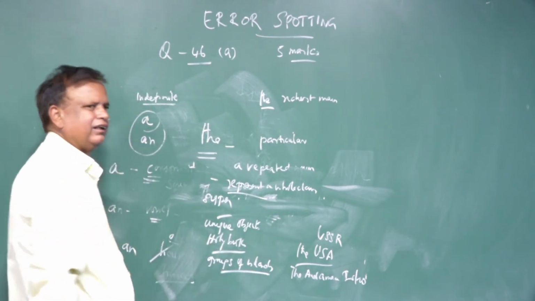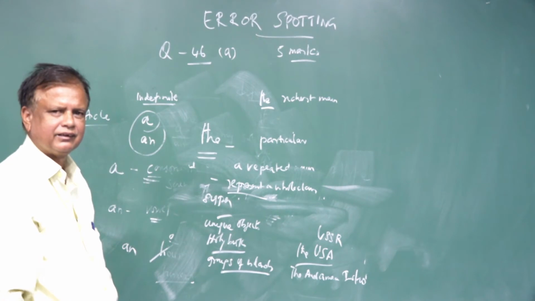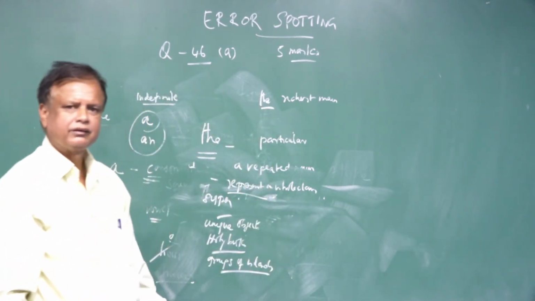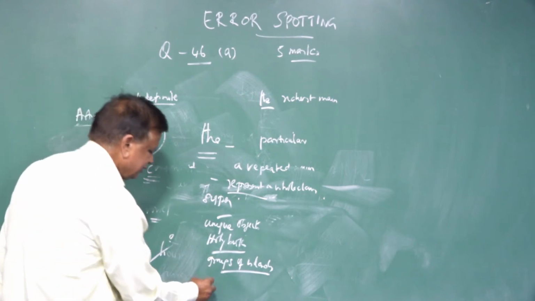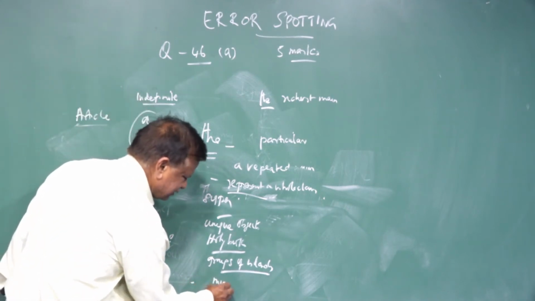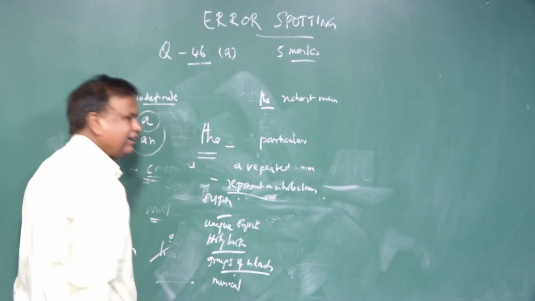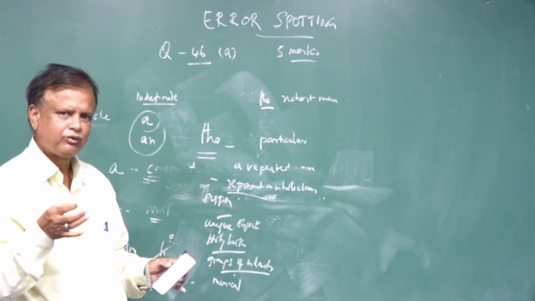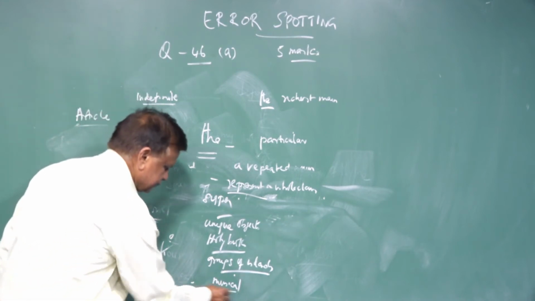Holy books: the Mahabharata, the Bhagavad Gita, the Quran, the Bible. Similarly, I use it before musical instruments. I know how to play the piano, not a piano. I know how to play the piano, musical instruments.